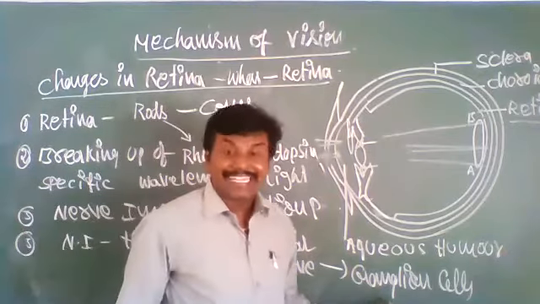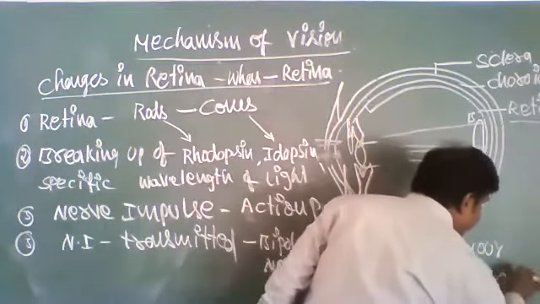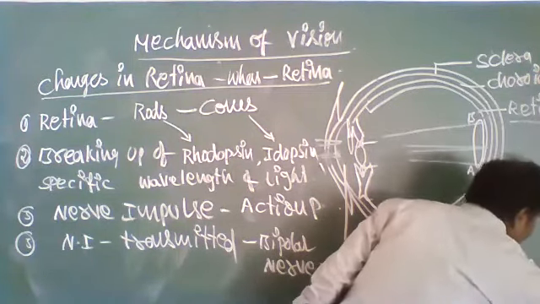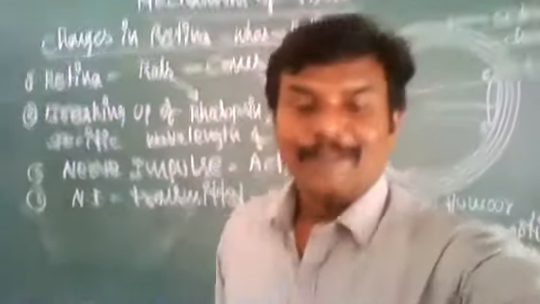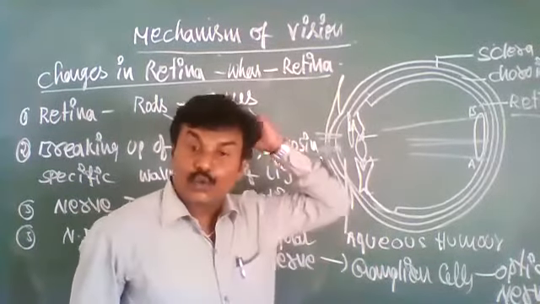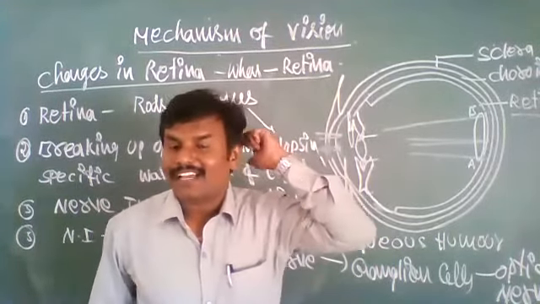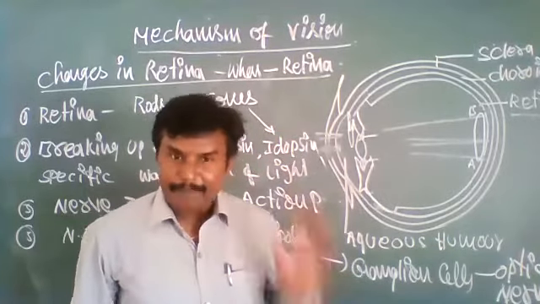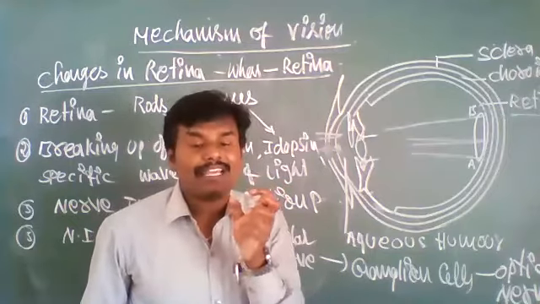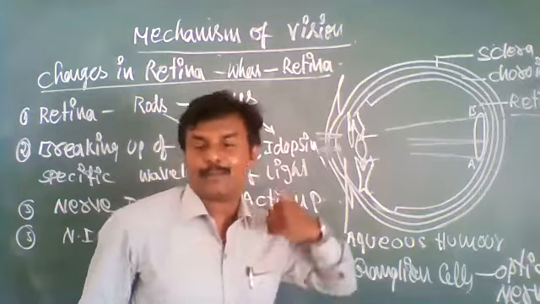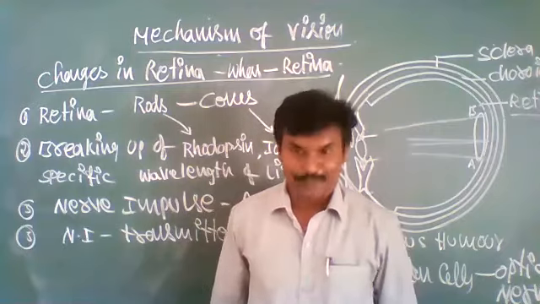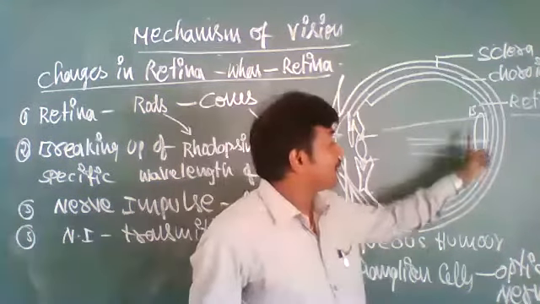From the bipolar nerve cells, to the ganglion cells. From the ganglion cells, to the optic nerve cells. Through the optic nerve, nerve impulses go to the visual center of the brain. In the brain, the nerve impulses are understood by the brain cells and produce the final image of the objects. On the retina the image becomes inverted.